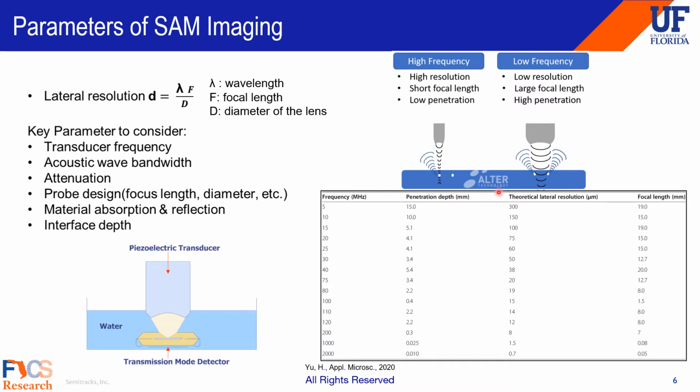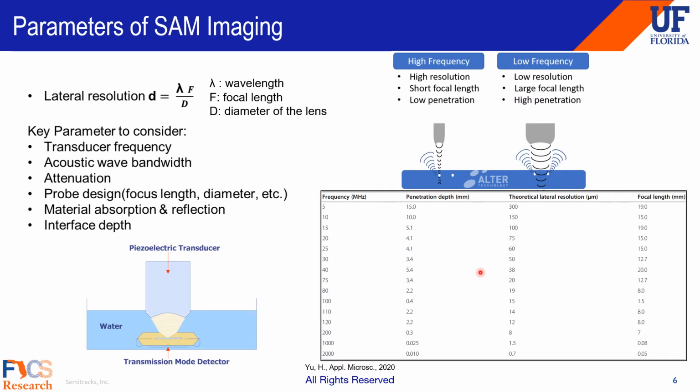Here we have a table of transducers that could give us a better understanding of the relationship above. In this case, let's say we want to penetrate 2 millimeters. We will choose the probe with the frequency at 10 or 12 megahertz.